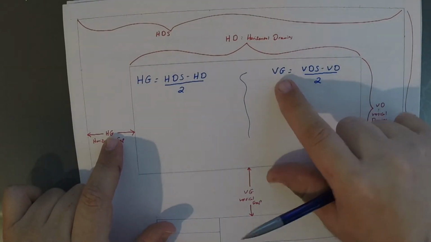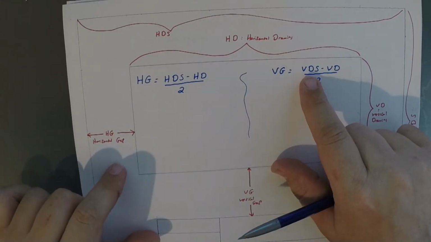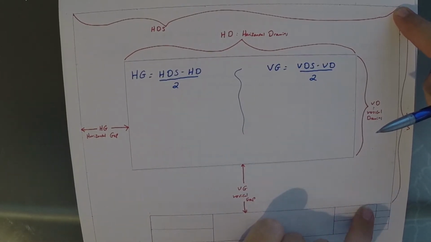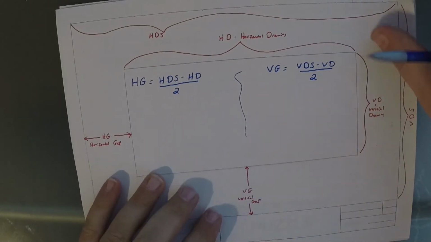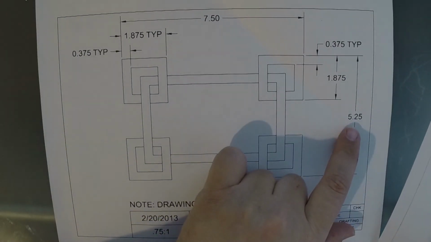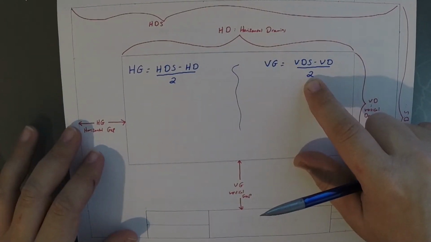And we can do the same for the vertical gap is equal to the vertical drawing space, which is top of title block here to the top of the border, and that's going to be on this size drawing 6.5 inches, always, unless we change the size of paper. Vertical drawing is the height of the puzzle. So if we come over and look at the puzzle itself, it says 5.25 inches. So it's going to be 6.5 minus 5.25 divided by 2.